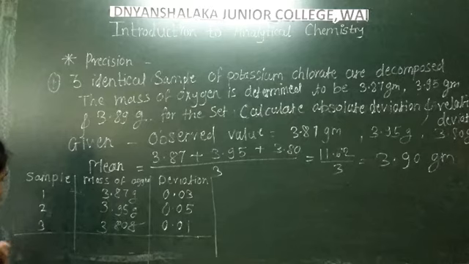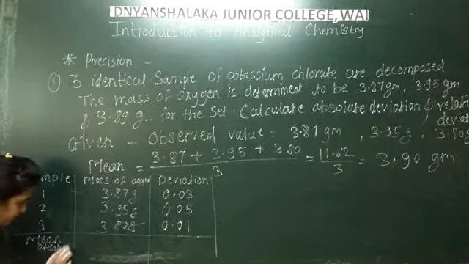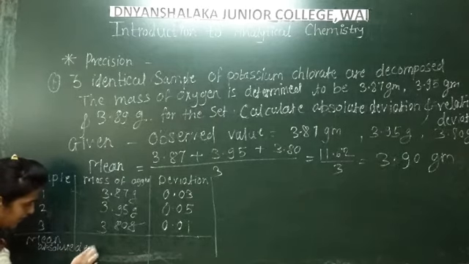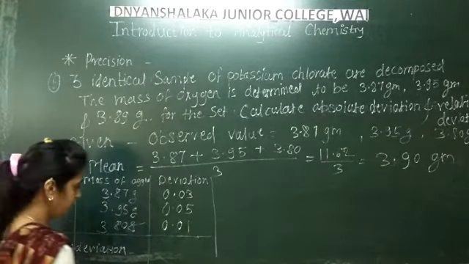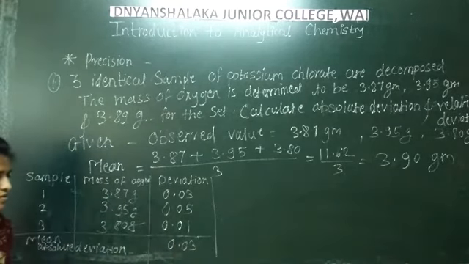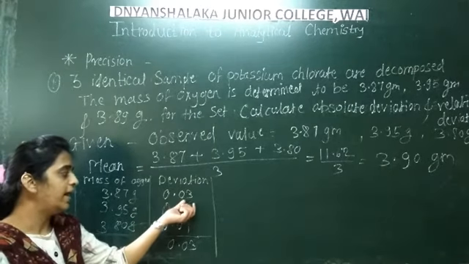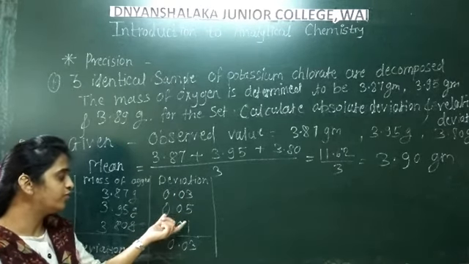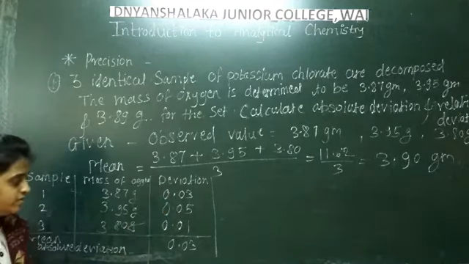So the mean absolute deviation: 0.03 plus 0.05 plus 0.01. The average of these three values is 0.03.